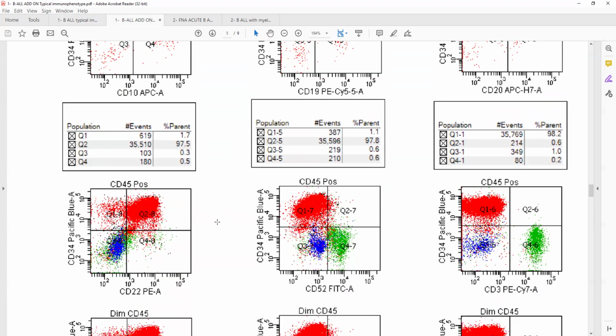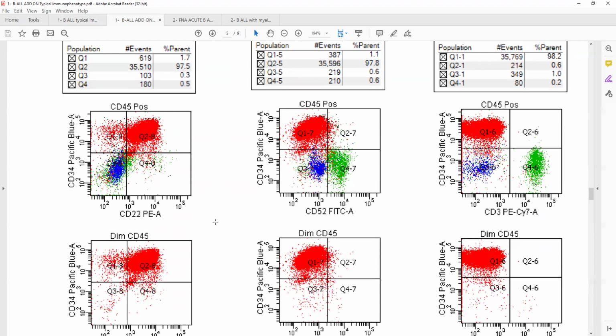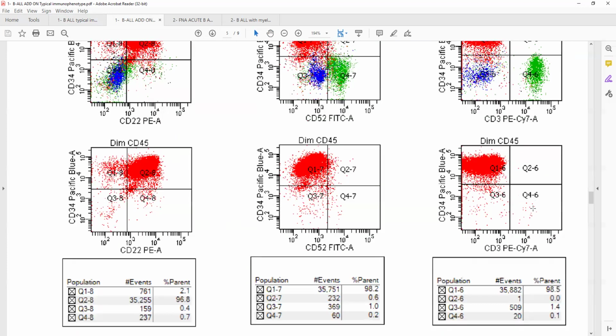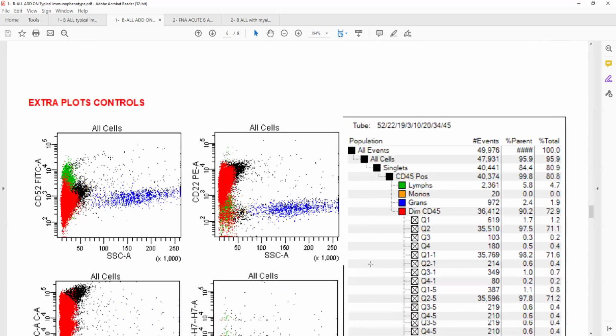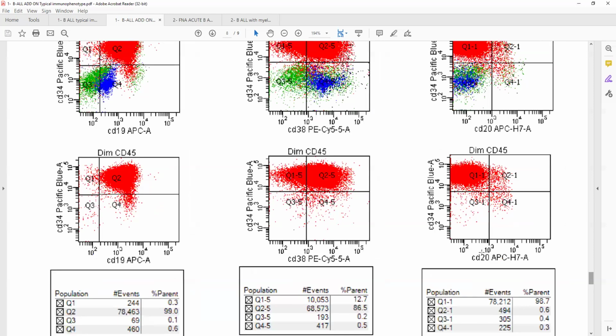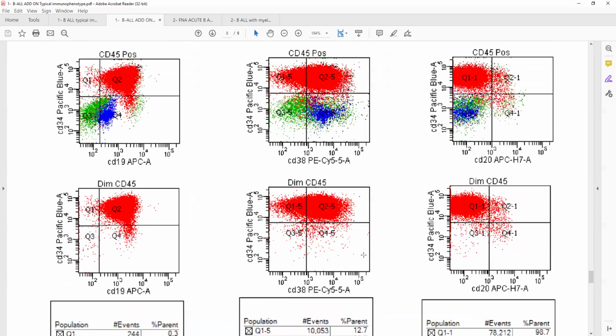TDT is positive in this population, supporting lymphoid lineage. Cytoplasmic and surface CD3 are negative, excluding a T lymphoblastic population. And we said MPO is negative, excluding a myeloid blast population.